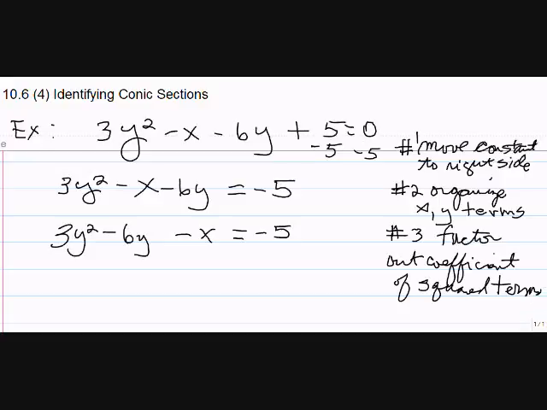So I've got a coefficient of 3 for the y squared, so I factor out that 3. This is 3 times y squared minus 2y. I only do it for the same variable, and I don't factor out any variables. I just factor out the coefficient. Minus x equals negative 5.